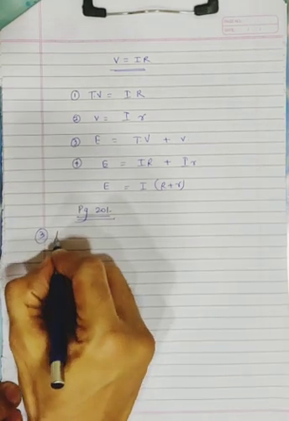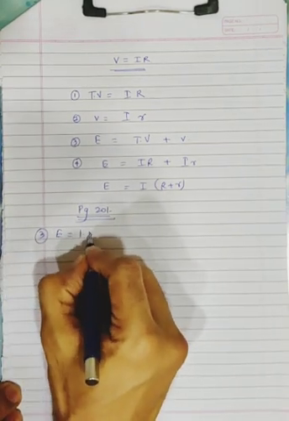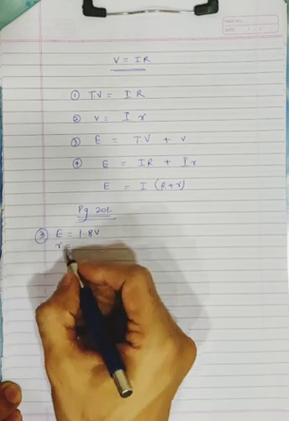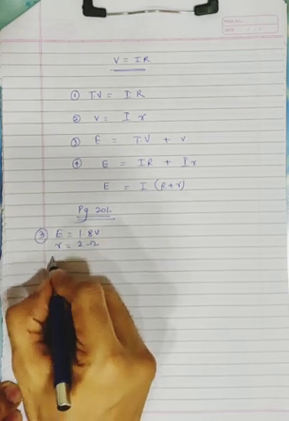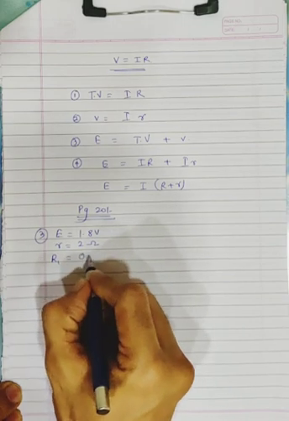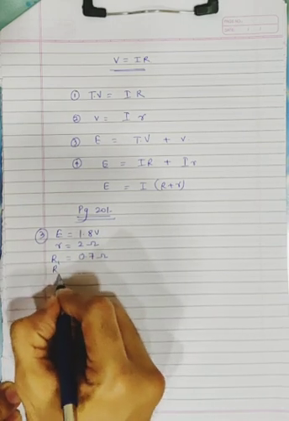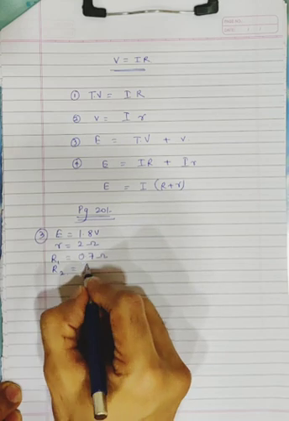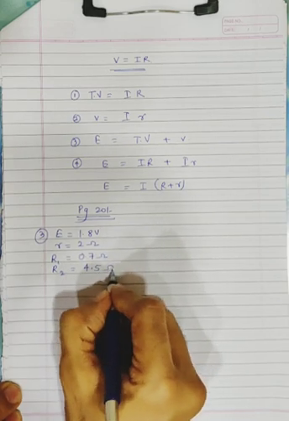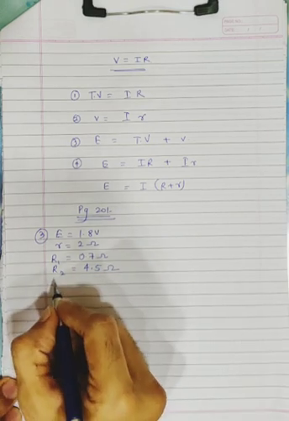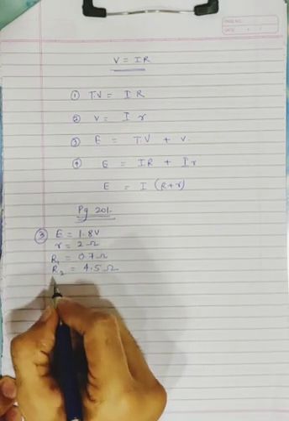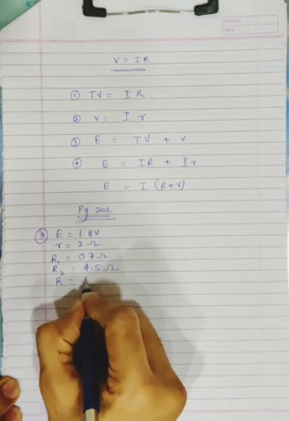I'll write down all the data first that they have given us. EMF is equal to 1.8 volt. Small r is equal to 2 ohm. R1 is equal to 0.7 ohm. R2 is equal to 4.5 ohm. So what will be your total resistance?